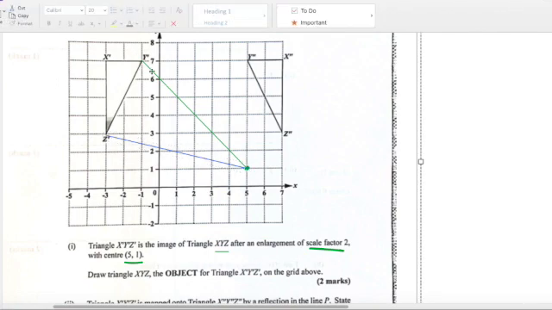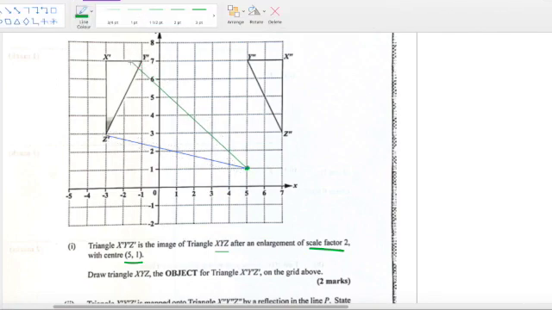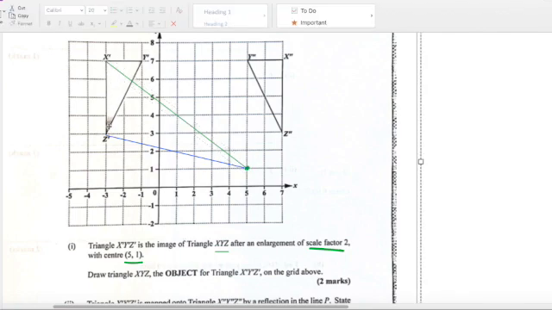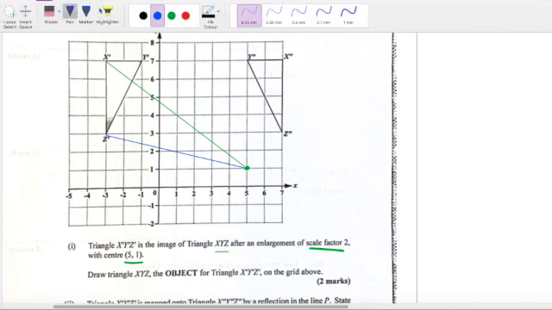And we only have to draw 2 lines, so you don't have to draw all the lines. Let's just use this straight one here, because this straight one is quite easy to see, and it's from the center (5, 1). And so if this is 4 units, it got enlarged with a scale factor 2, so we could see here that from here to here we'll have 2 units.